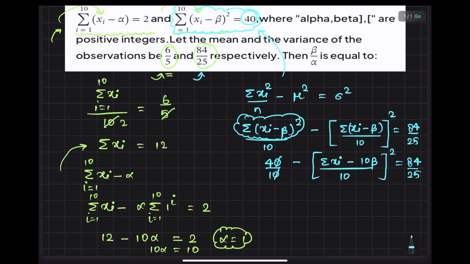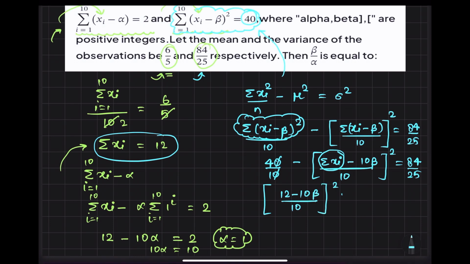Now look at this. Can I ask 84 by 25 to come this side and this summation sign to that side? You know that summation xi is 12. So it is 12 minus 10 beta by 10 whole square equals 4 minus 84 by 25. So it is 100 minus 84, so it is 16 by 25, correct?